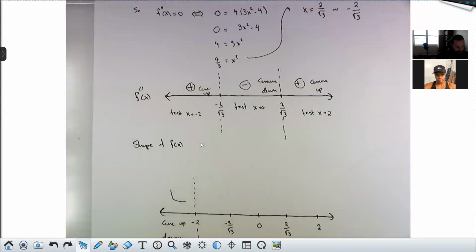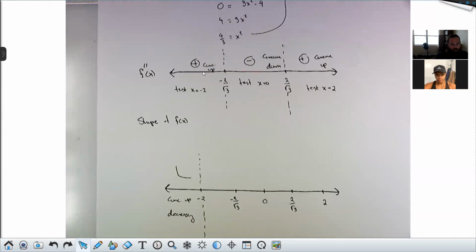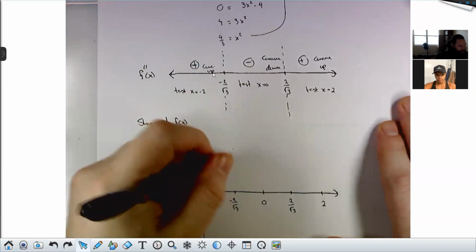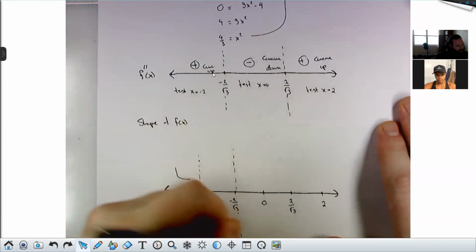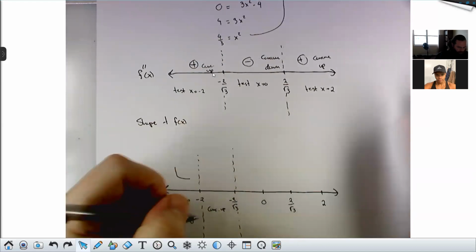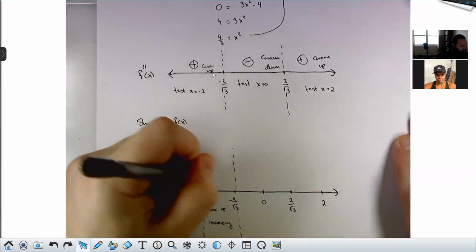Well, at negative 2, we switch from decreasing to increasing. And everywhere to the left of negative 2 over the square root of 3, we're still concave up. But now we are increasing. That looks like this.